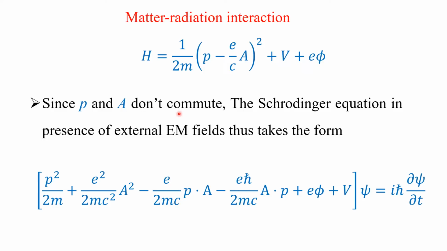Since P and A do not commute, the Schrodinger equation in the presence of an external electromagnetic field takes the following form. When you expand the first term, you will get P squared over 2m plus e² over 2mc² A squared, because 2m is common, minus e over 2mc times P dot A. Because P and A do not commute, you cannot write this as 2 times P dot A. So here you have P dot A and A dot P. Of course, the remaining terms are the same, that is, V and eφ.